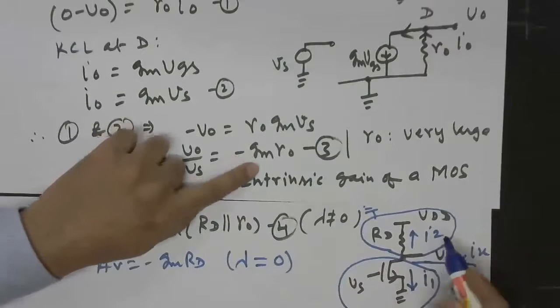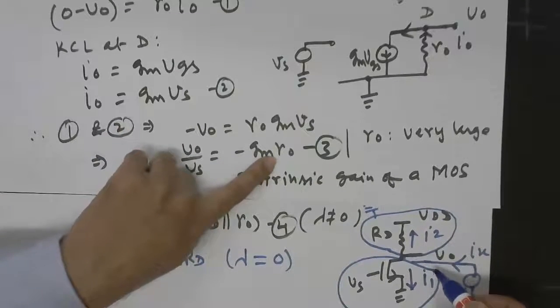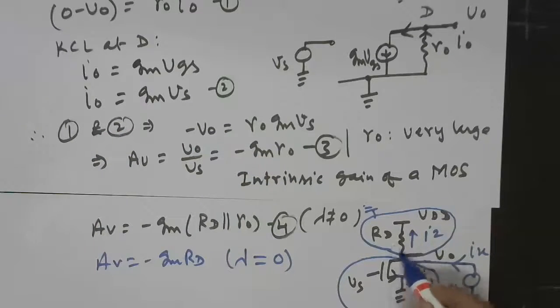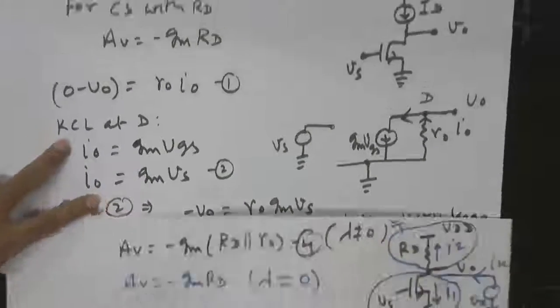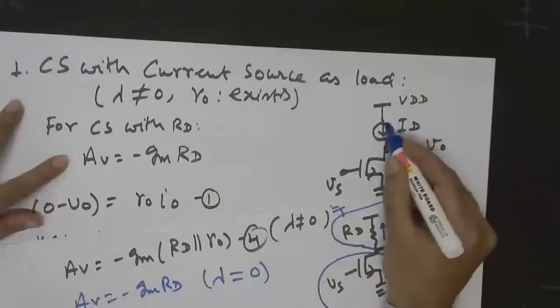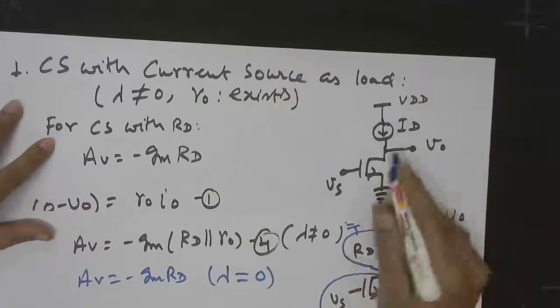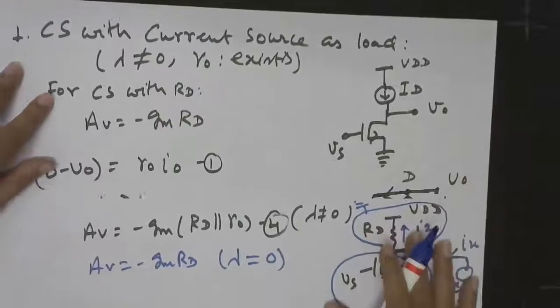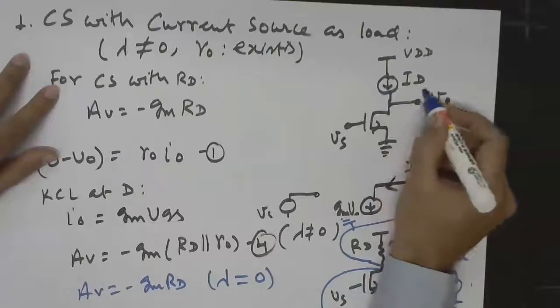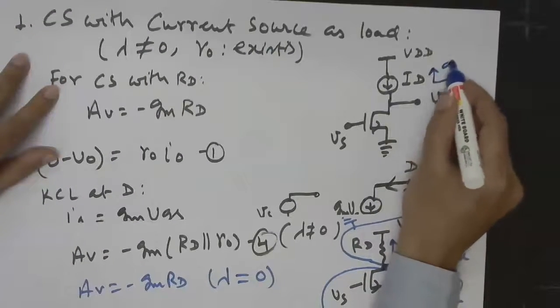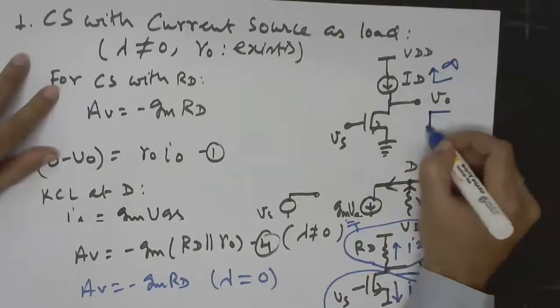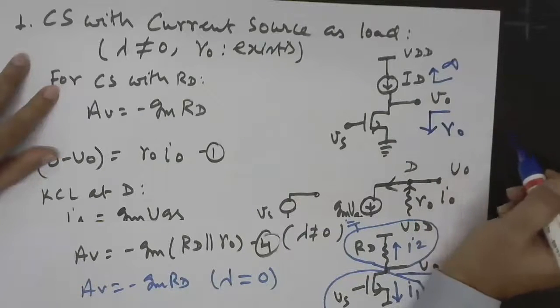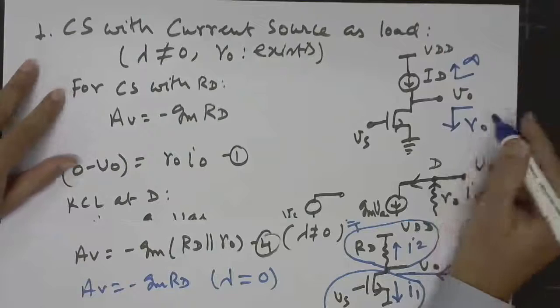And in the case that we analyzed just now, if you put a current source here, then the impedance of this current source is infinite. So we have infinite impedance in this direction, and in this direction we have impedance ro.